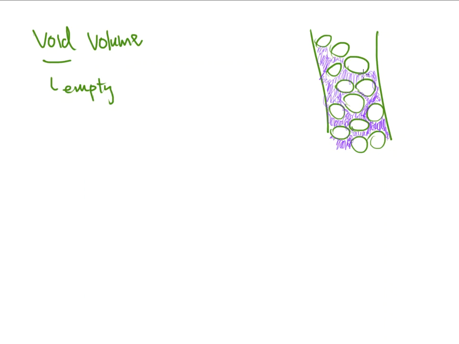So I hope that you get the picture that there are void areas around these particles. The void is the empty space, and that empty space is properly referred to as the void volume.